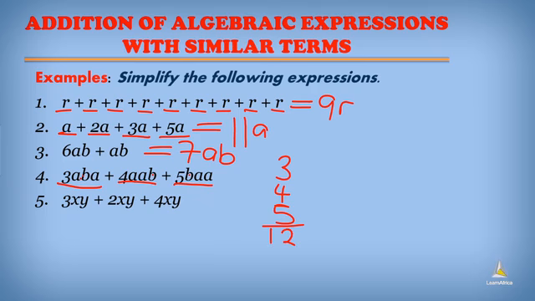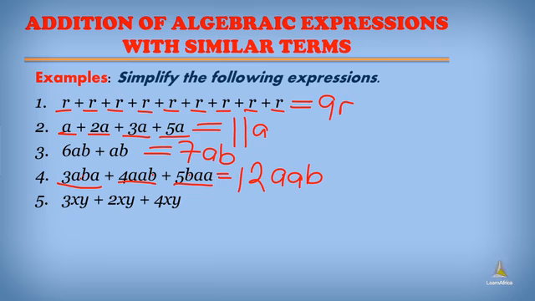So our answer to this question is going to be 12AB. I'd like you to also understand here that whatever order you choose to use, as long as you still have 2 A's and a B, your answer will still be correct, in as much as the coefficient is correct, and you have all the terms represented.